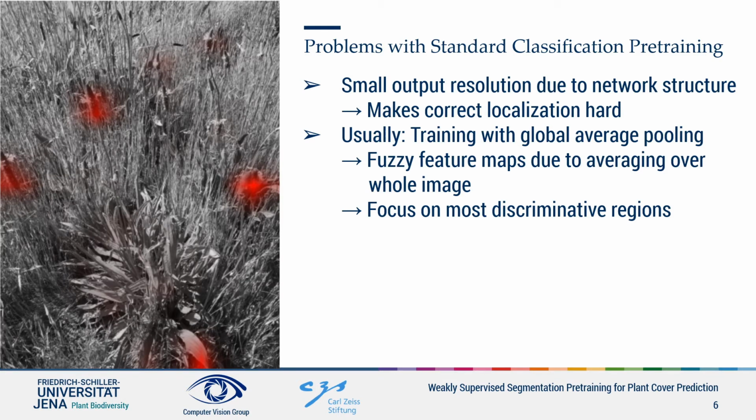However, as you have seen in the plant cover images before, we mainly have images containing primarily only leaves of the plants and not flowers at all. Therefore, if the network focuses on the flowers of the plants, this does not have any advantage for us. And therefore we propose a solution to this in the following.